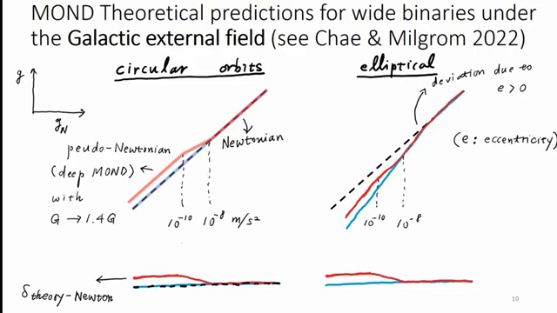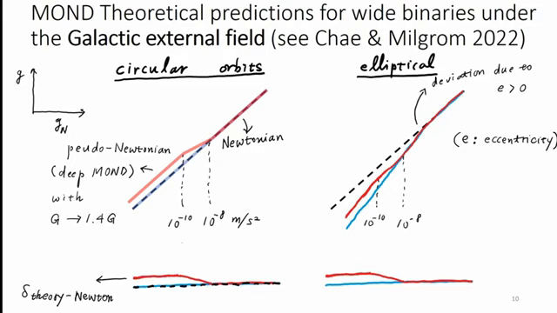So this is for circular orbits. For Newtonian, the Newtonian acceleration and observed acceleration will be in one-to-one correspondence. But what this theory predicts is that it will shift to this Mondian region, and actually it becomes Newtonian.